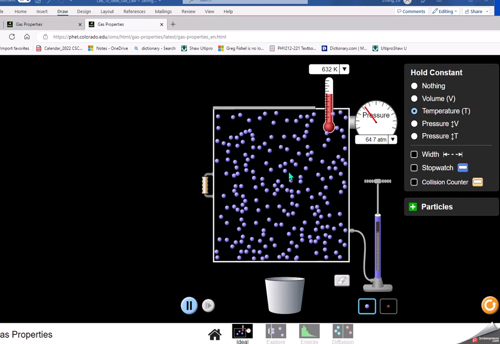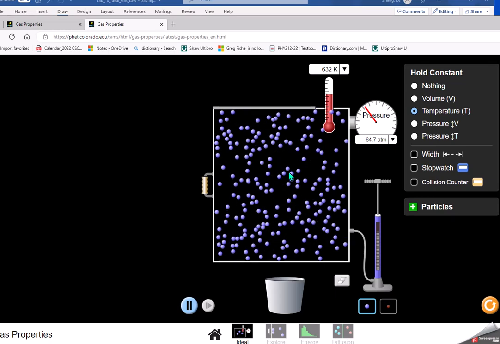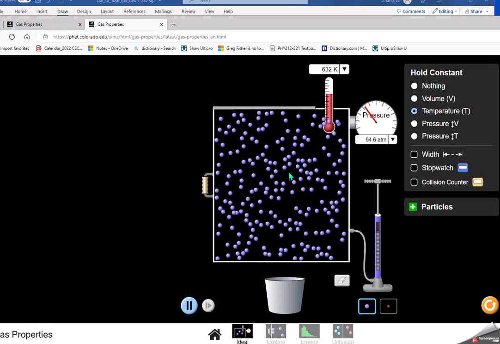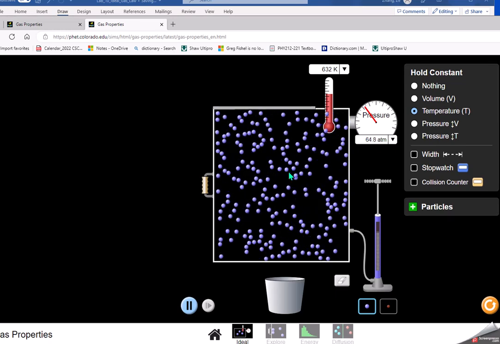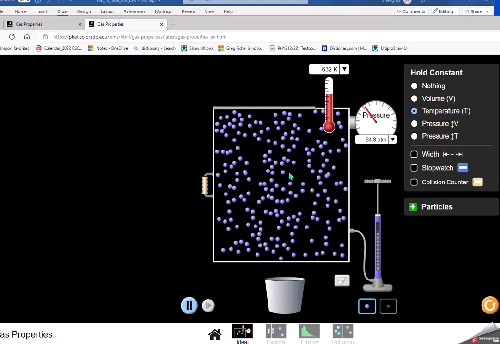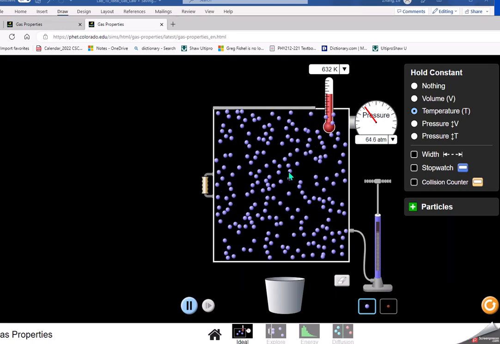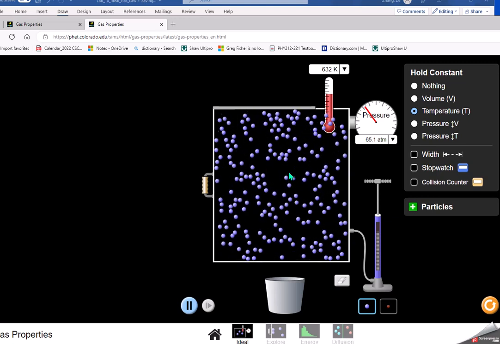And when it's more dense, the hitting is stronger, because it's squeezed together. So that's an explanation of why. That's called a microscopic explanation of macroscopic properties.